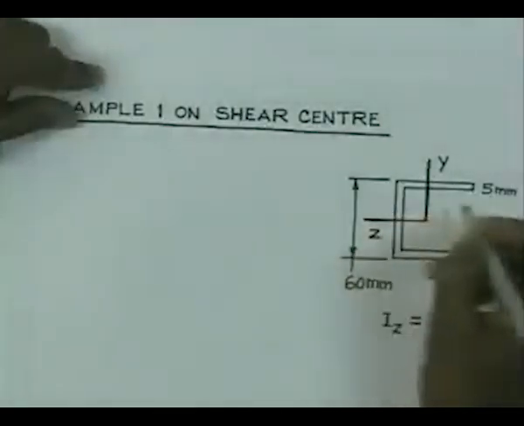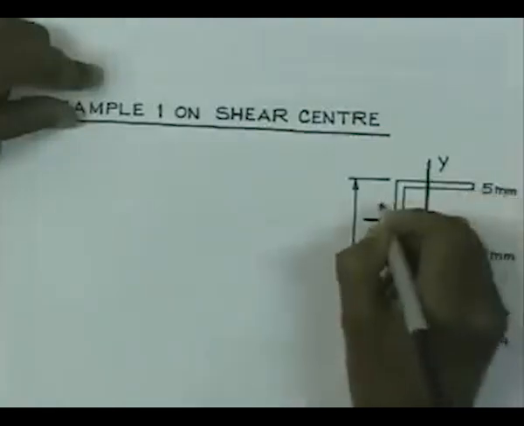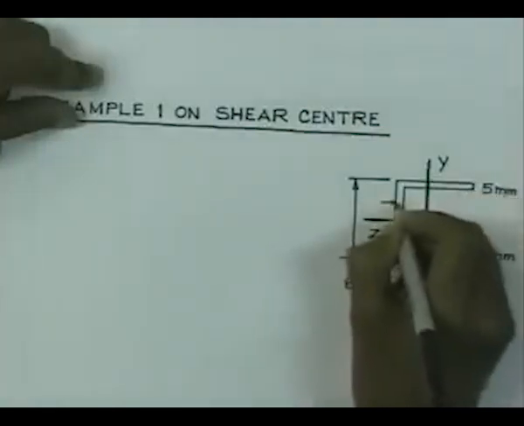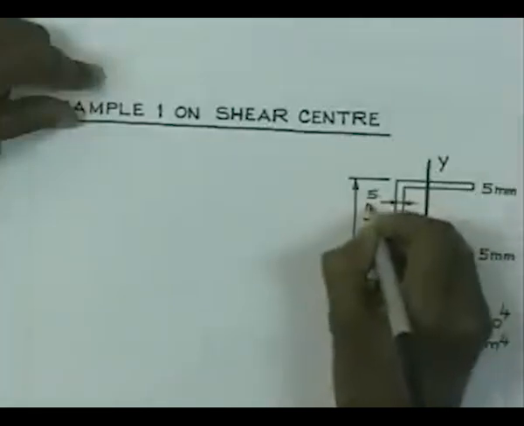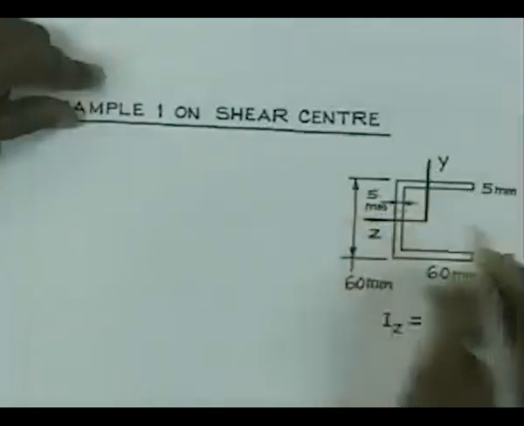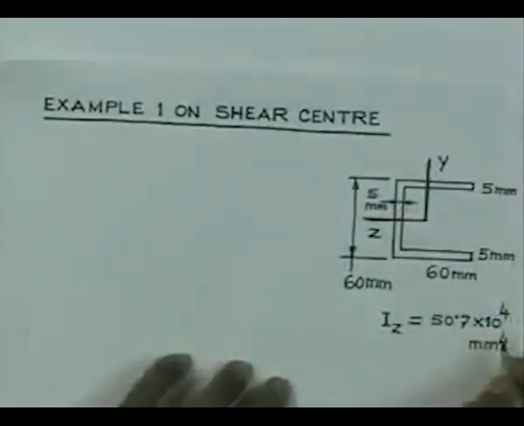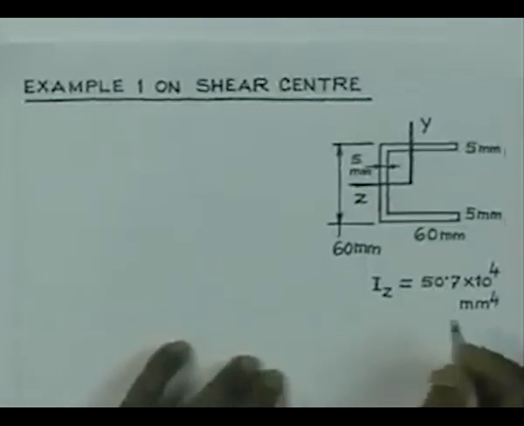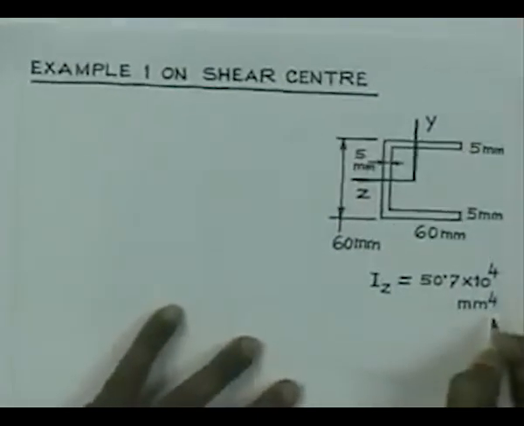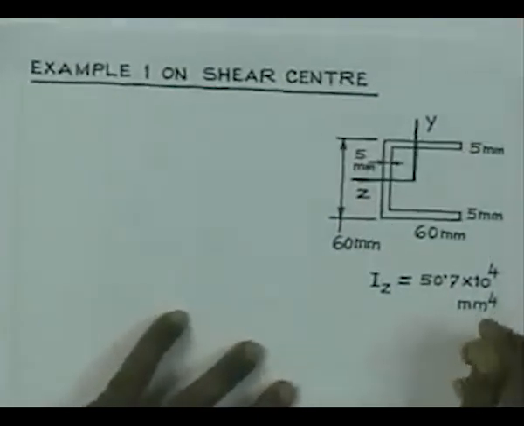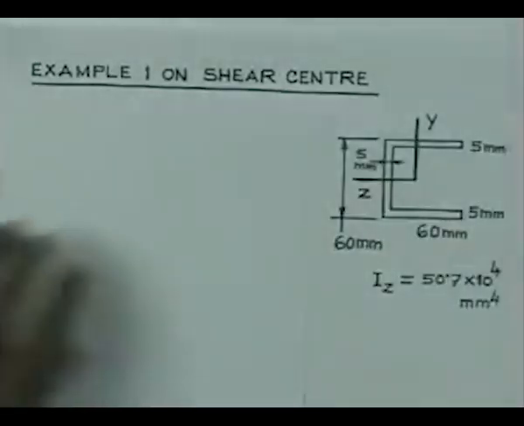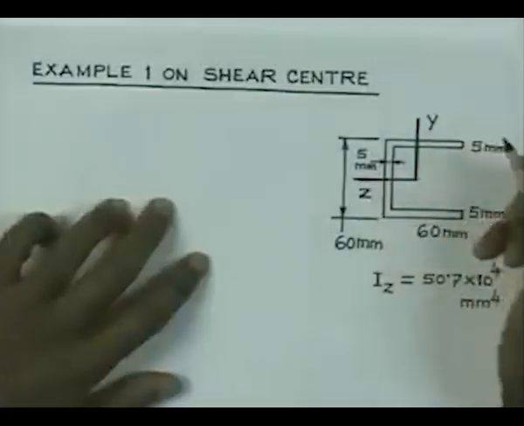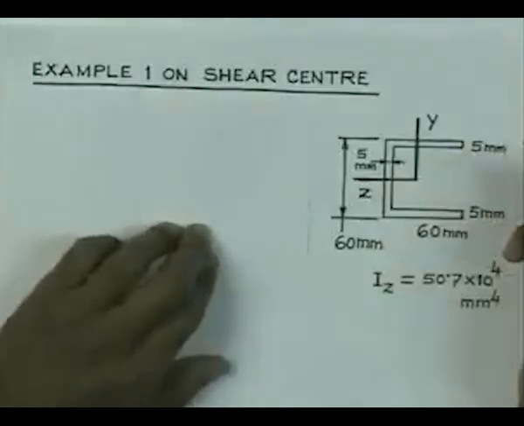Iz for this cross section has already been calculated, and it is 50.7 into 10 to the power 4 millimeter raised to the power 4. What is needed here is to calculate the position of the shear center.